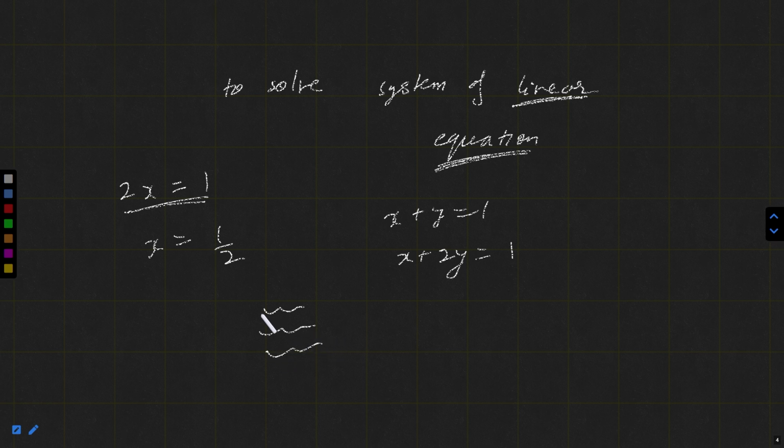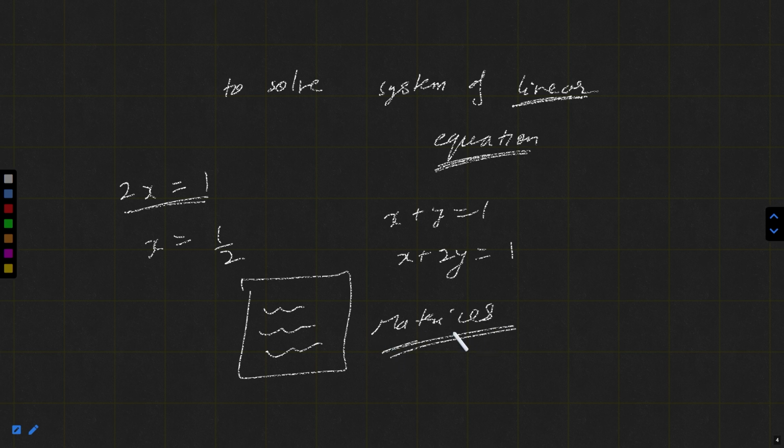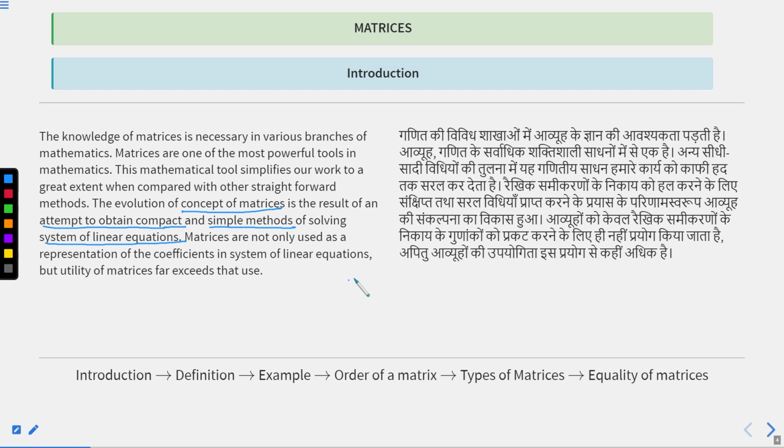Matrices will help you a lot. The main purpose matrices serve is to solve a big system of linear equations. Clear?